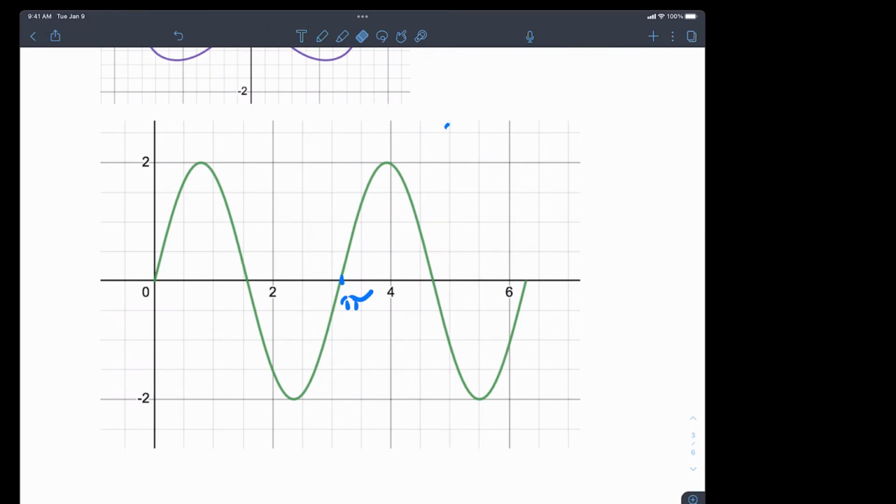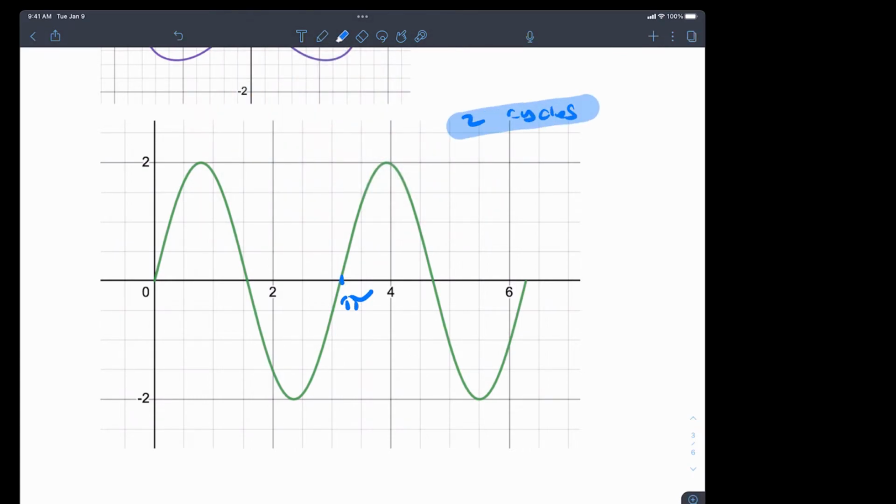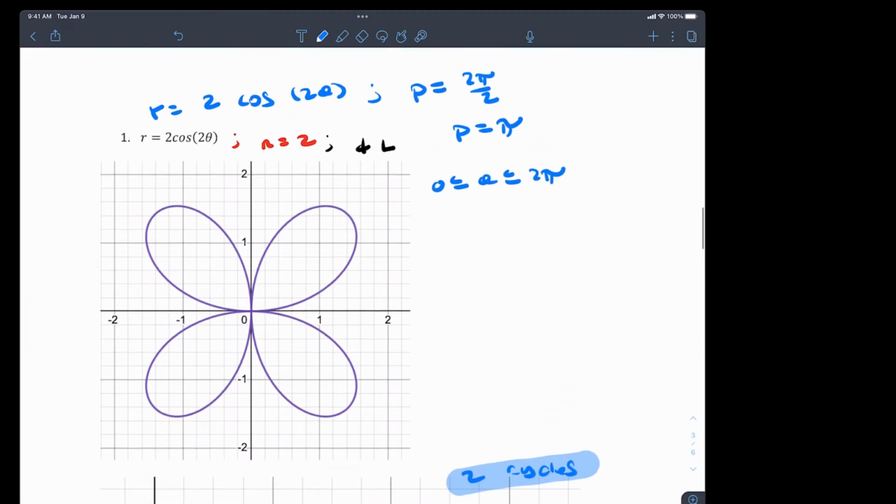Let's make sure we write that. This is 2 cycles for your roses, and this over here will be 2 pi. Why do I need to do that? Even though the period here is pi, you've got to do 2 cycles because you need all the quadrants.